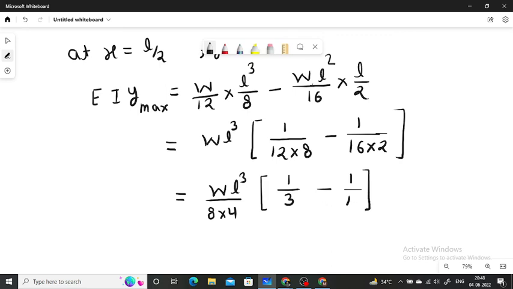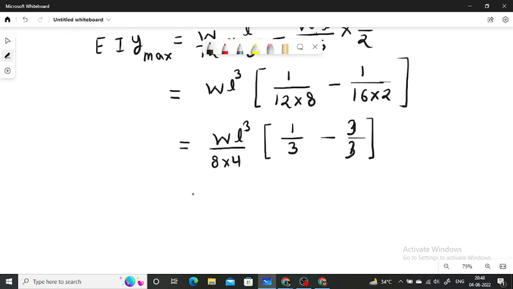Now multiplying by 3 and dividing by 3, WL cube upon 32 into minus 2 by 3.